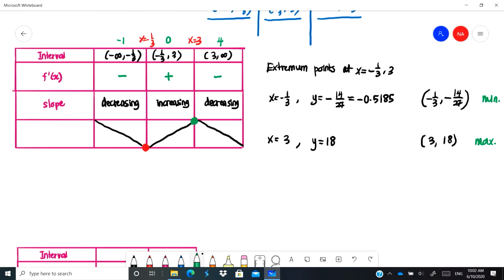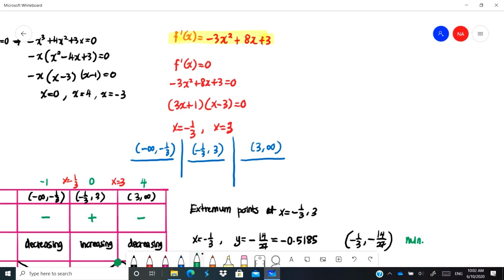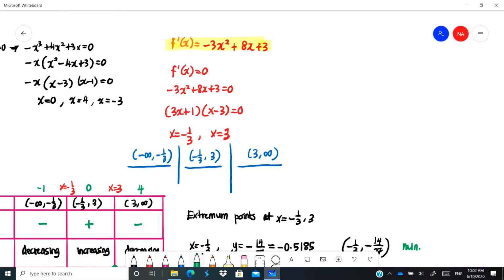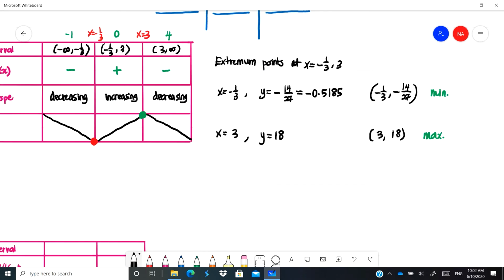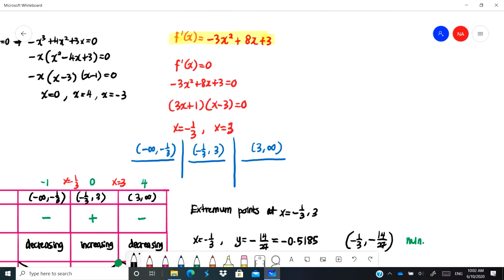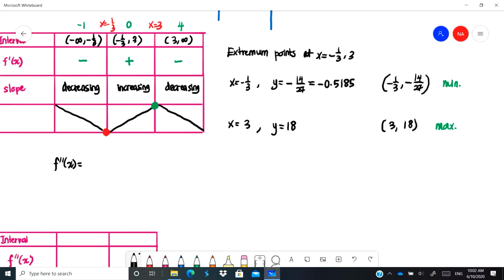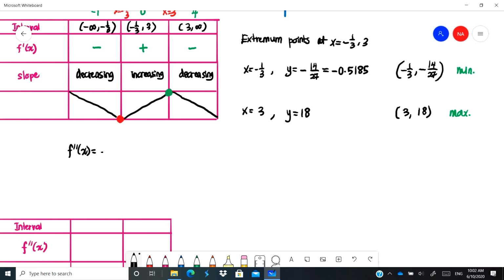So next, we're going to check the concavity. To check the concavity, we'll have to differentiate f prime of x again. So we'll get f double prime of x given by -6x plus 8. To find the boundary point, we let this equal to 0.